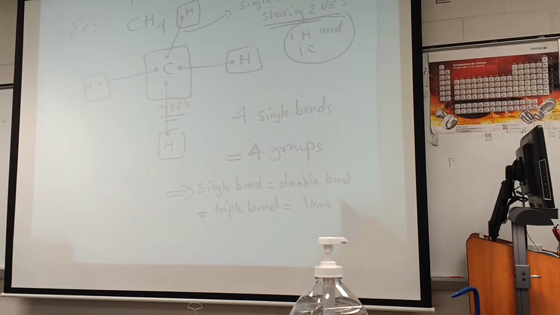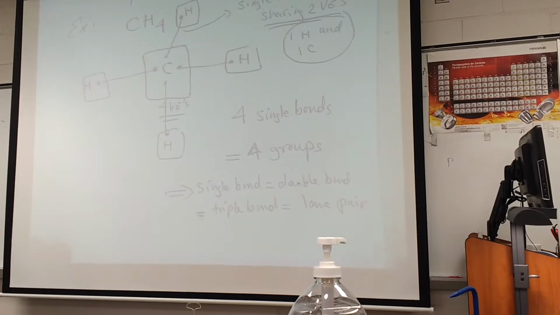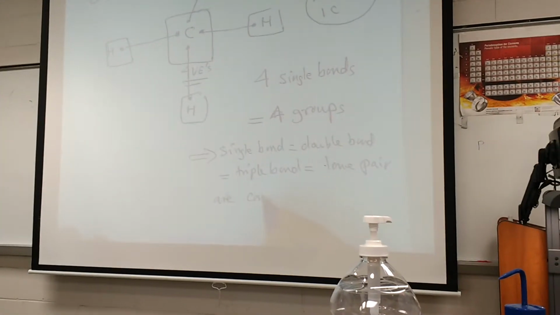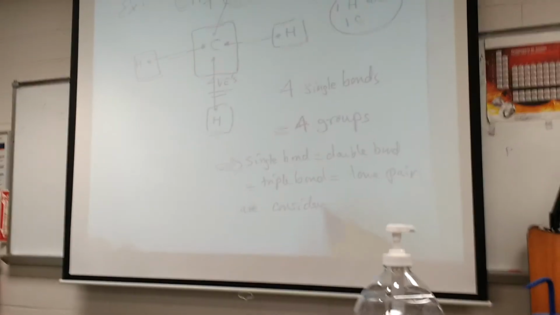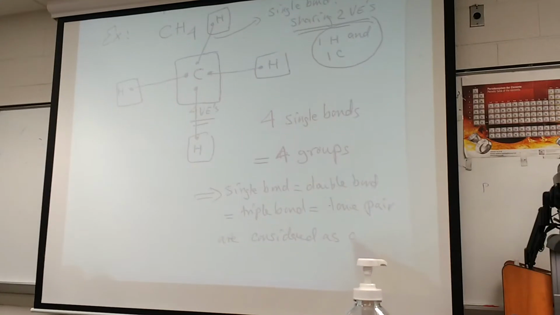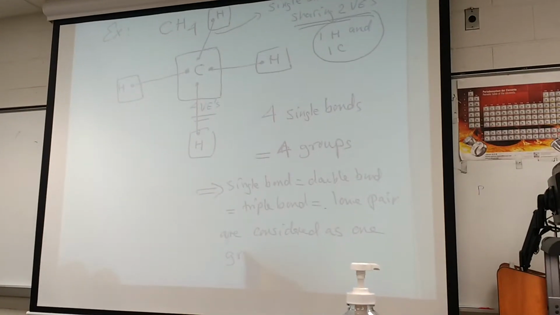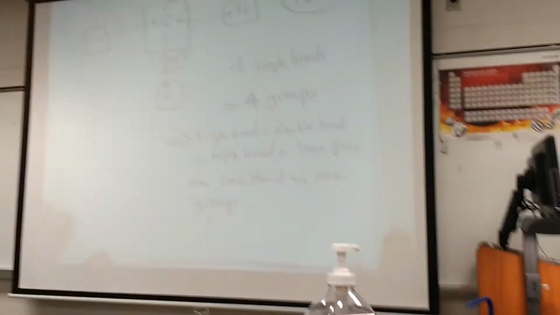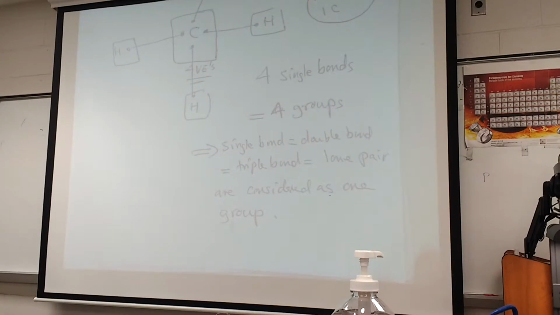Lone pair, there by itself, electrons not connected. Lone pair are considered as one group. So we treat them as such. We treat them as one group, correct?